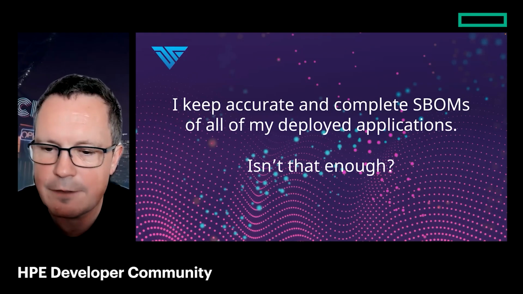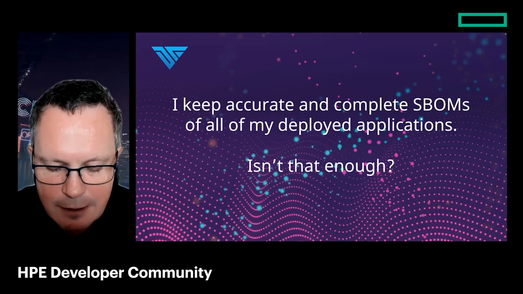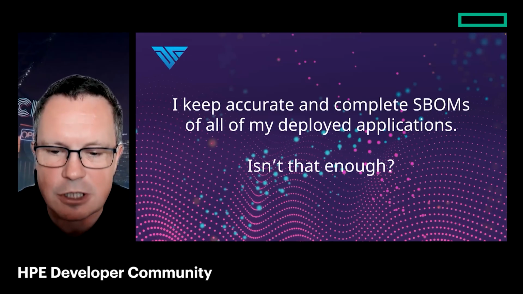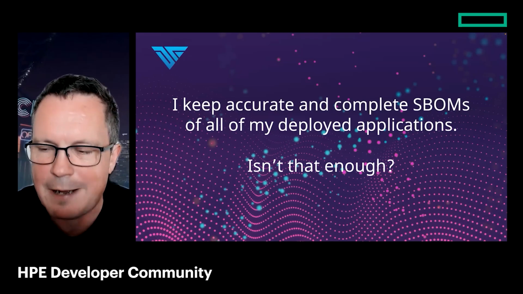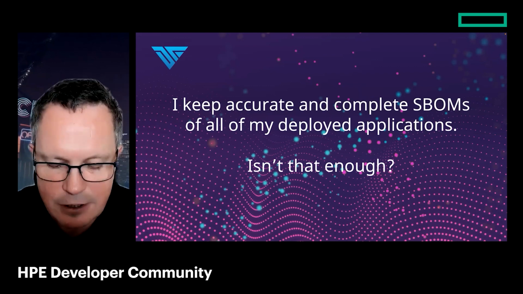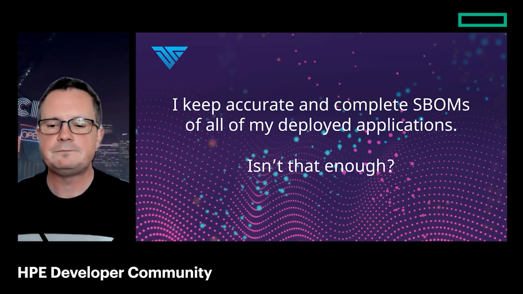The logic being that you can then scan the SBOMs on a regular basis, matching them against up-to-date vulnerability feeds. And if you find a new match because a new vulnerability has been disclosed, then you can work backwards and quickly identify the running applications that have those vulnerable components and then take remedial actions.